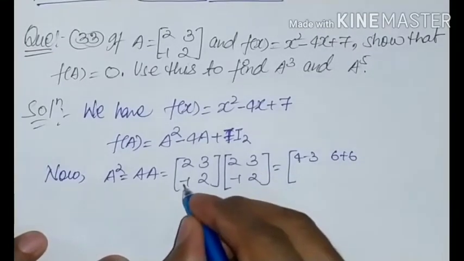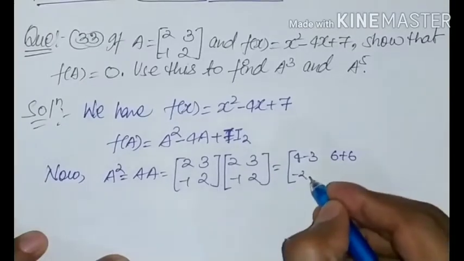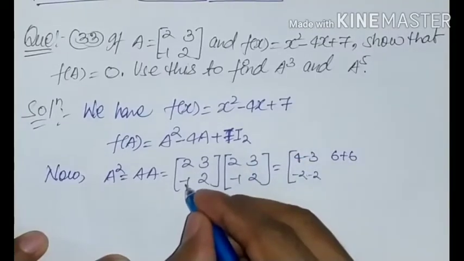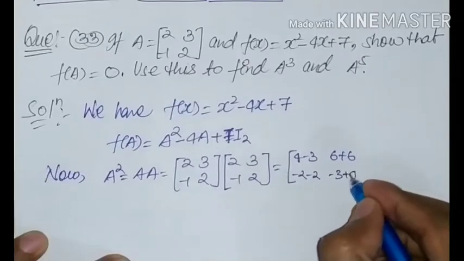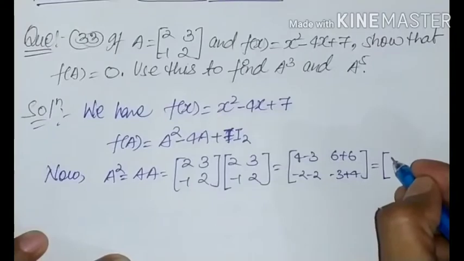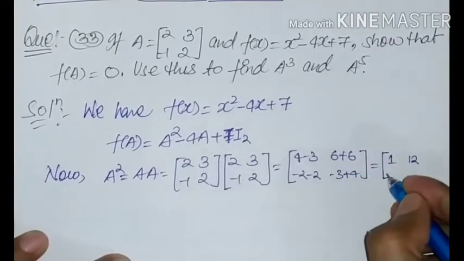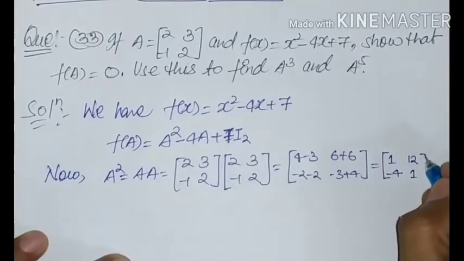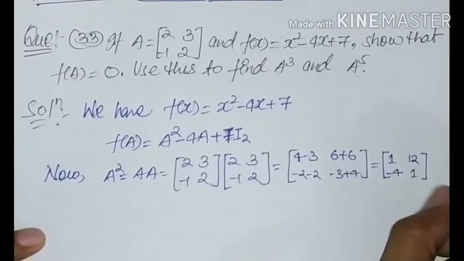Second row, first column: minus 1 times 2 is minus 2, and 2 times minus 1 is minus 2, so minus 4. Second row, second column: minus 1 times 3 is minus 3, and 2 times 2 is 4, so plus 1. This is a 2 by 2 matrix, [1 12; -4 1].